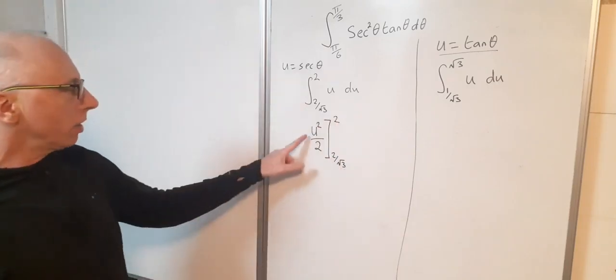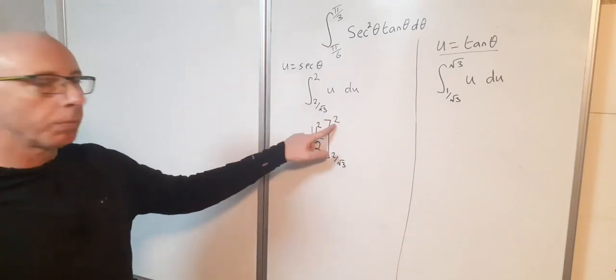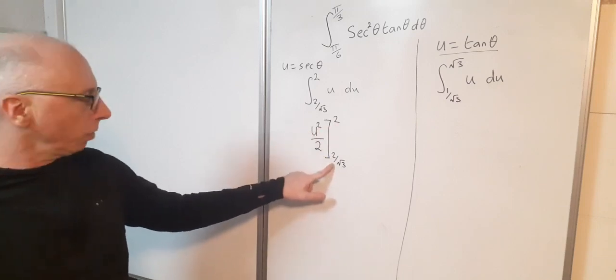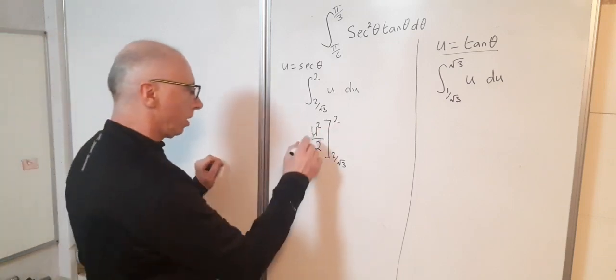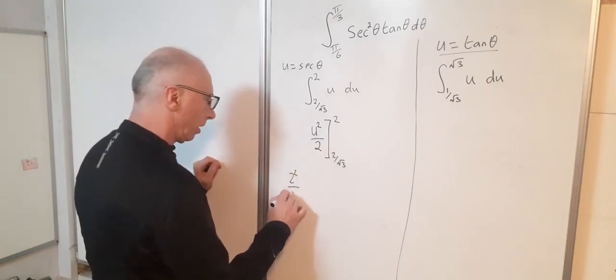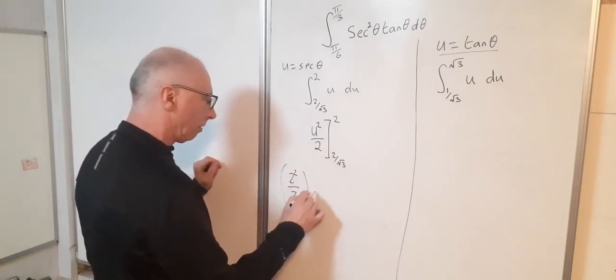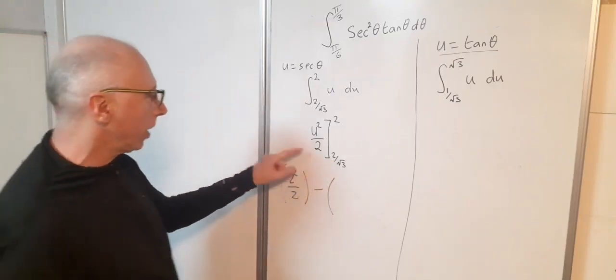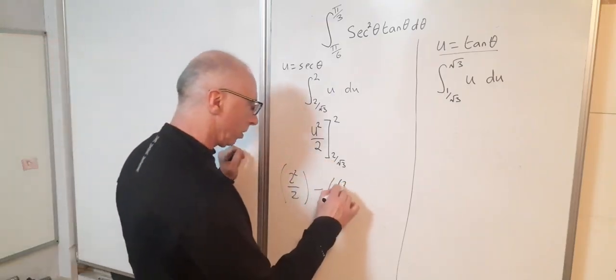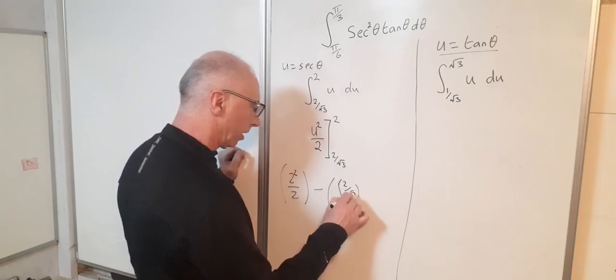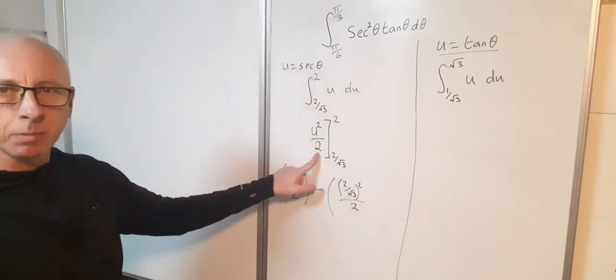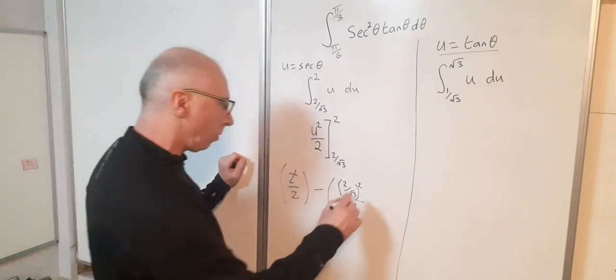Where we see a u we put 2, and subtracting, when we see a u we put 2 over root 3. So here we've got 2 squared over 2 minus 2 over root 3 squared, divided by 2.